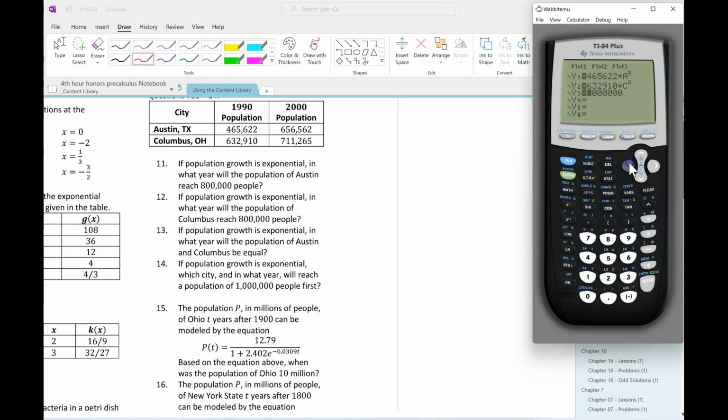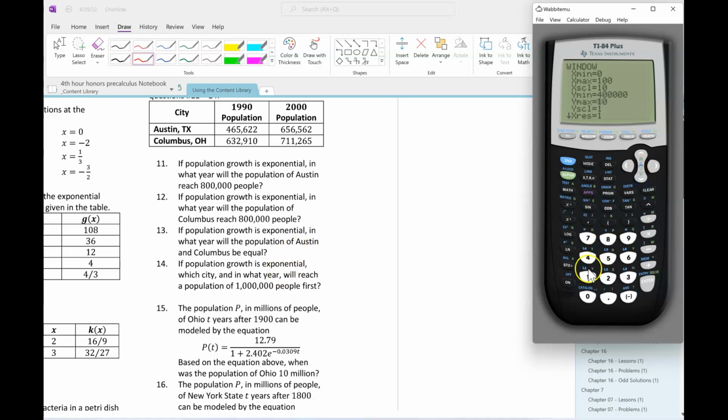And I think I'm gonna do the fat line for Columbus so I can tell the difference between the two, so I can answer the which one. 0 to 100 is probably fine. My smallest population initially of the two is the 465, so I'll make my y-min at 400,000.